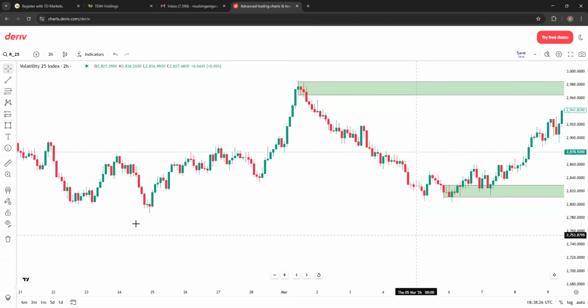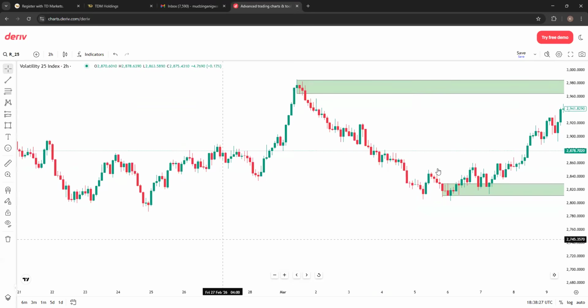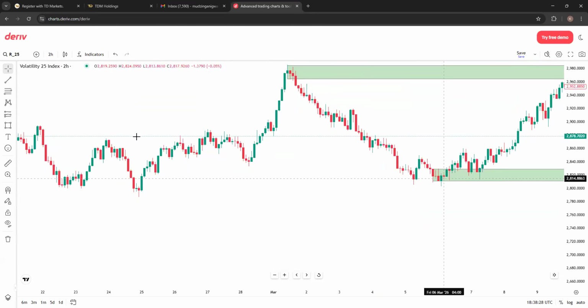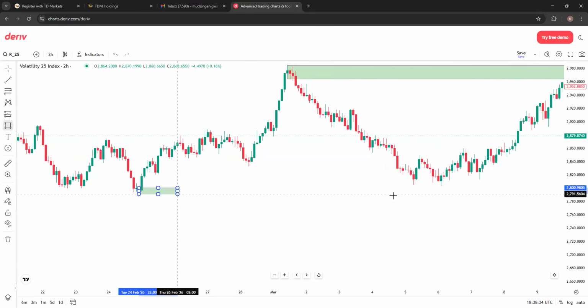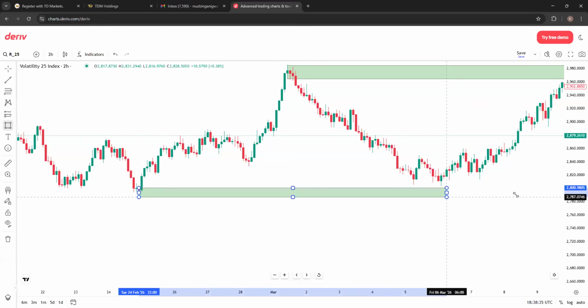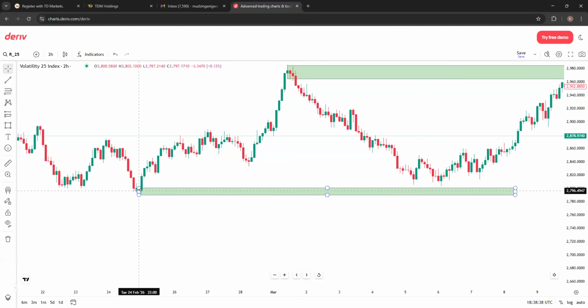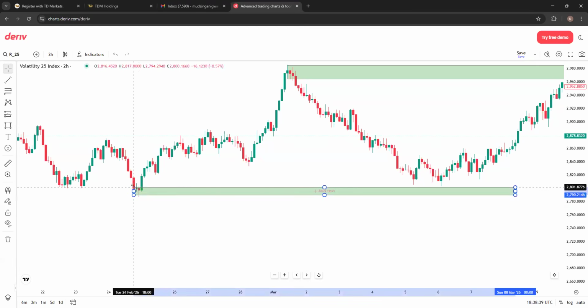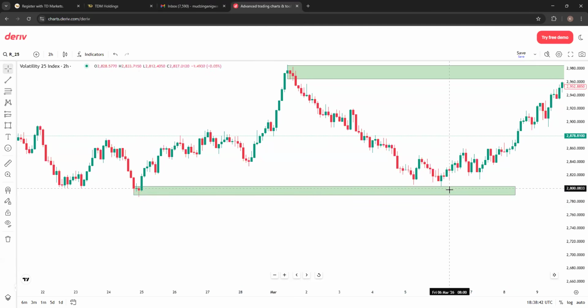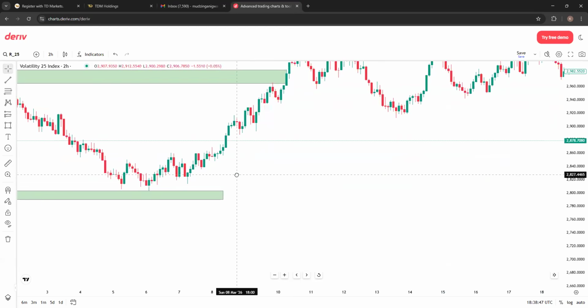Just as much as you can see on this last sale before we started buying, if we mark it over here, what do you see? If we drag, you can see that price, let me mark it properly, straight to the dot, came, tapped on it, and then it started buying. Right.